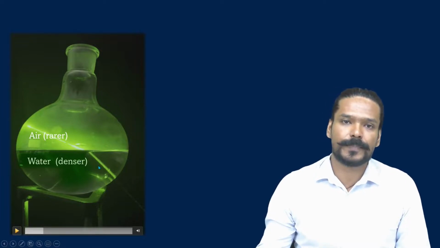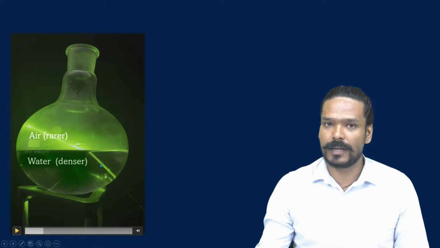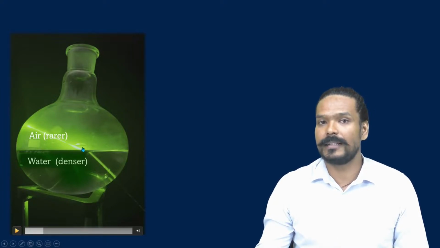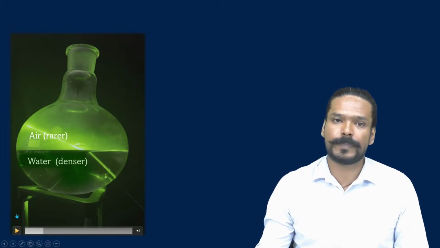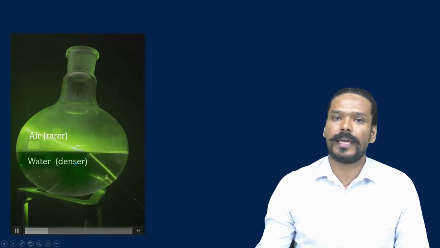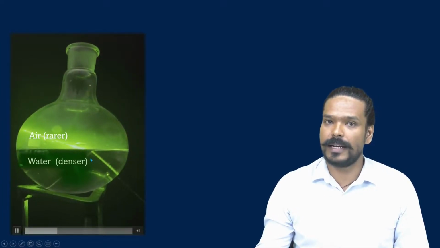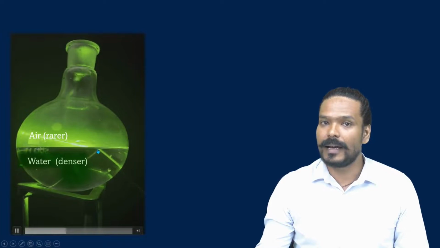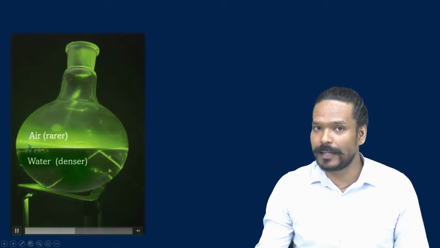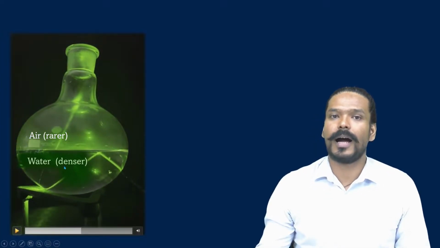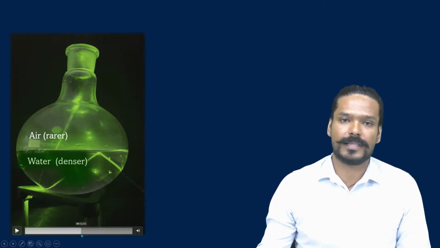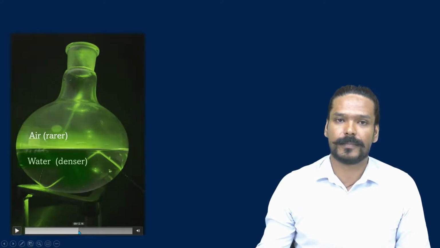You can see that as the ray is traveling from the denser medium to the rarer medium, it is refracted away from the normal, right? Now, if I increase the angle of incidence in the denser medium, the angle of refraction also increases.